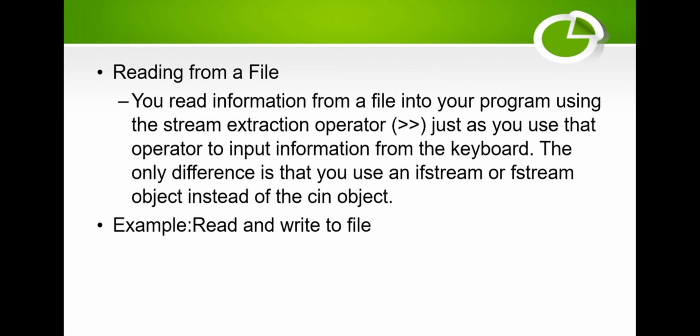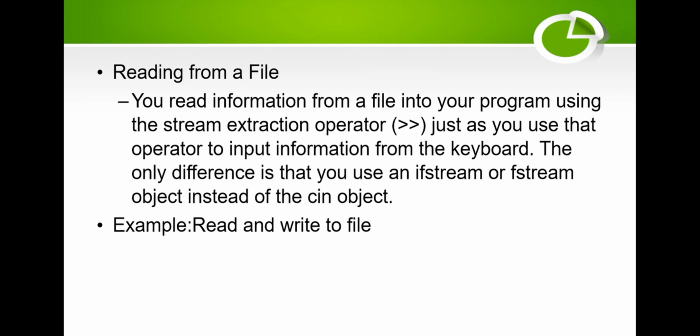The next operation performed on a file is reading data from the file. You read information from the file into your program using the stream extraction operator, just as you use that operator to input information from the keyboard. The only difference is that you have to use an ifstream or fstream object instead of the cin object.